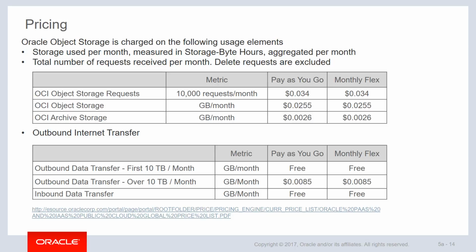Now the other factor to consider here is the number of storage requests. So every get, put, post, delete counts as a storage request. So every 10,000 requests would be billed at 3.4 cents per month. This is significantly lower than AWS, for example, who charges about 3.5 cents per 1,000 requests.